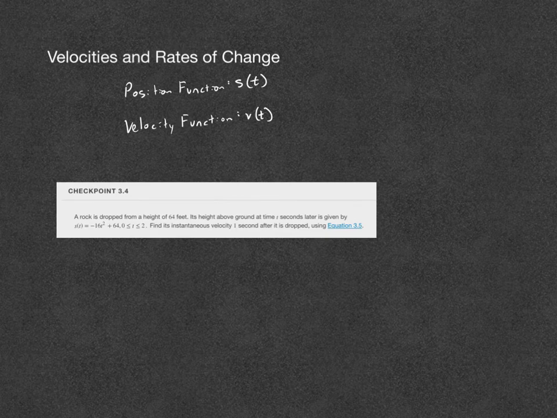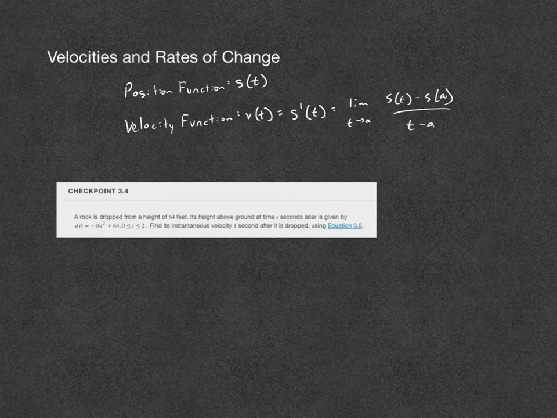So if I use a position function, s of t, then the velocity function is the derivative, s prime of t. The derivative at that point would be the instantaneous rate of change. And so it's the limit as t approaches a of s of t minus s of a over t minus a.